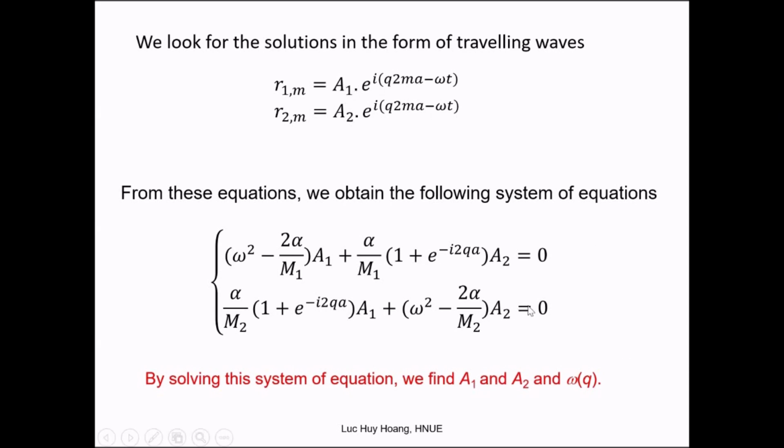Someone might say, it's easy, we can have A1 equal A2 equal 0. So this satisfies the system, right?